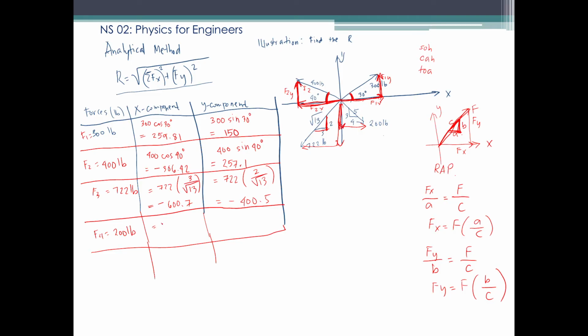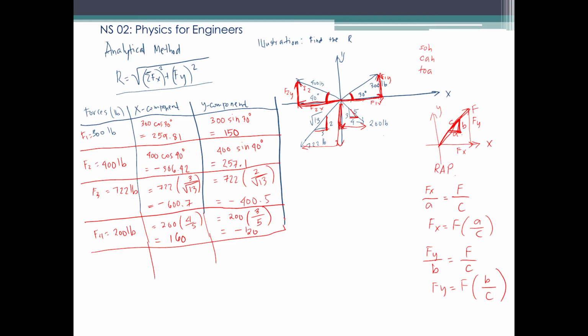So, that is 200 times 4 over 5 for the x component, while for the y, that is 200 times 3 over 5. Okay. So, our x should be positive since it's going to the right, 160. And y is downward, so negative 120.